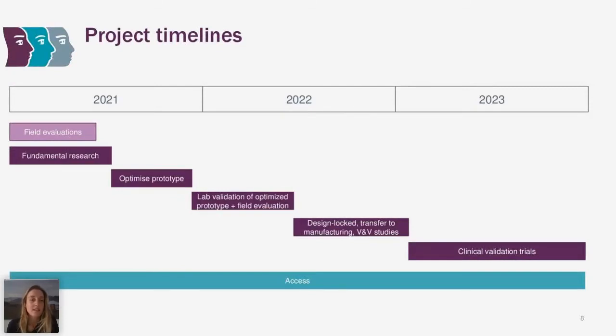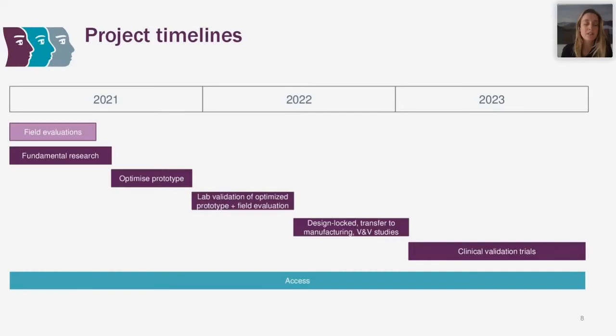Currently the field evaluations have started in Kenya and in the Philippines. At the same time, there are some more fundamental research questions that need to be undertaken. The results from both of these pieces of work will inform the further optimization required for the prototype.